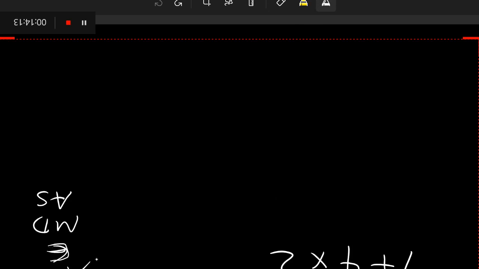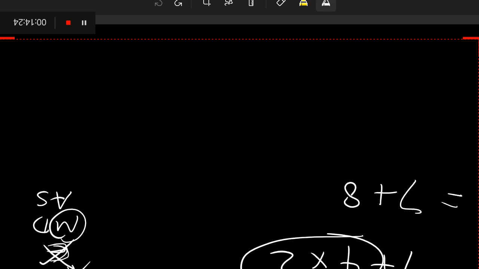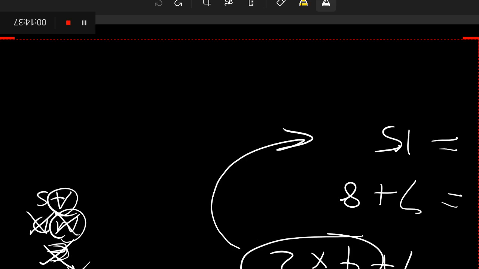We see that there are no parentheses, there are no exponents, but we see multiplication, so we have to do that first. So this simplifies to 7 plus 8. And now that we see no more multiplication, no more division, we can do the addition. 7 plus 8 is 15. So this simplifies to 15.